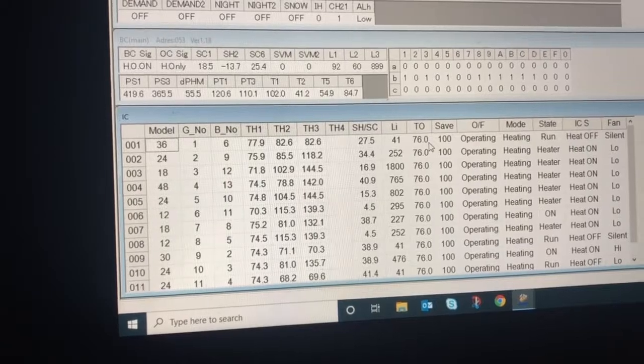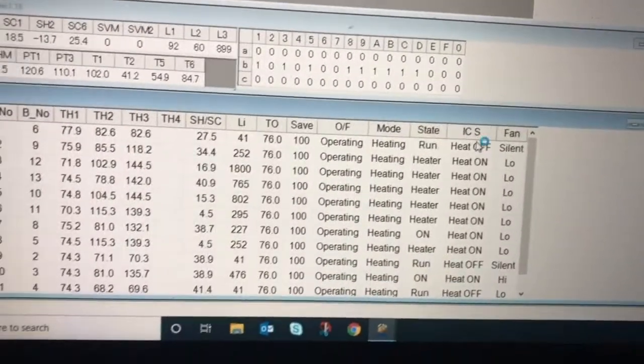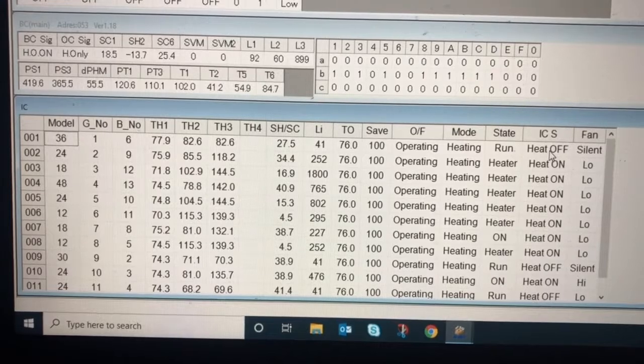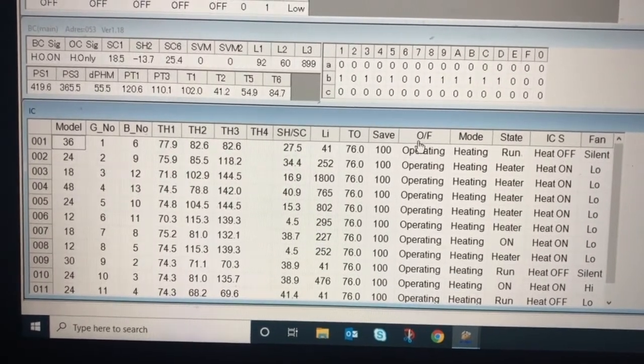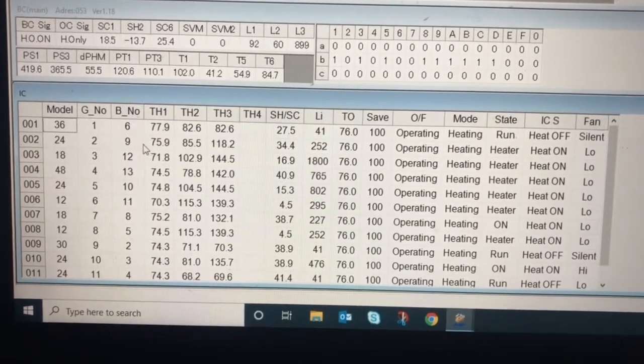So currently the unit is off. Everything's in heat mode, but as you can see, it's off, because there is not a call. It's satisfied. So these are some things you can look at to see what's going on in the system.